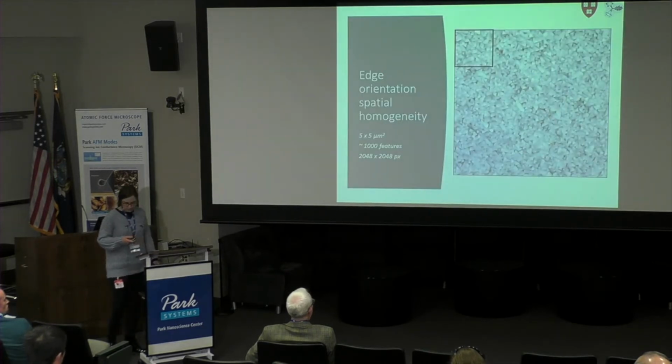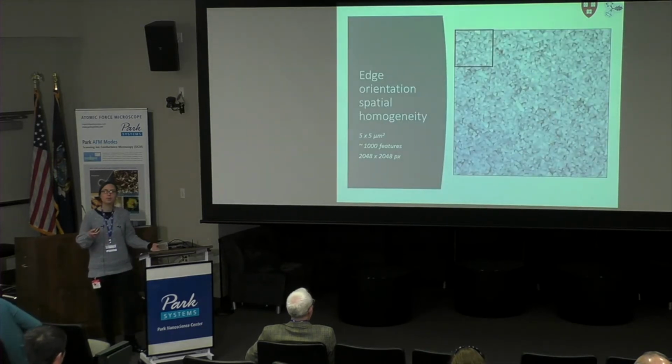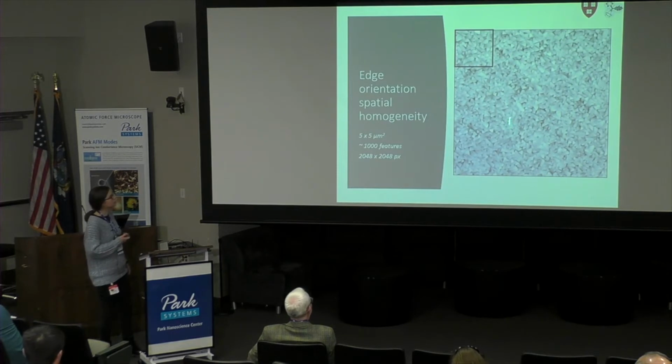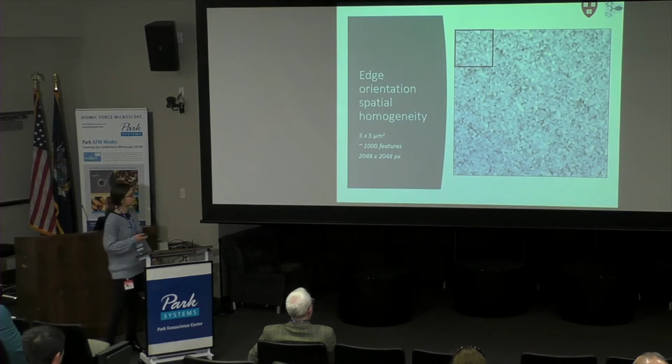Now we talked about sample homogeneity earlier. So this is the next test that I've performed. The previous image is this square in the corner. Now we extend the analysis to this larger image, which contains about 1,000 features.